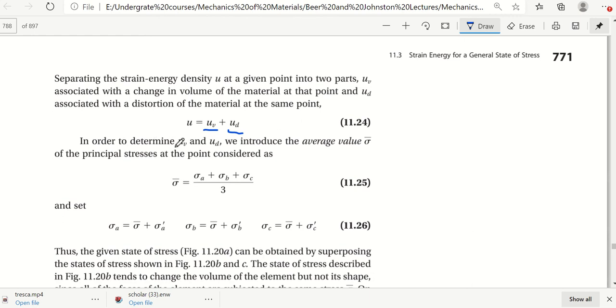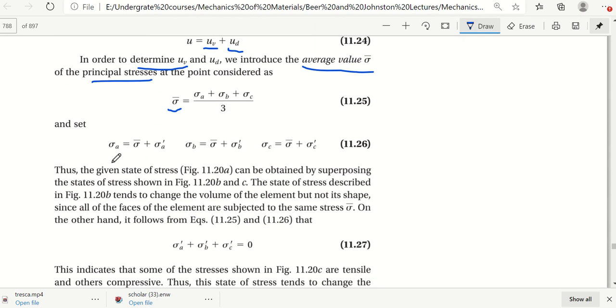So in order to determine how we will find out the UV and the UD, we will introduce the average value of the principal stresses at the point considered. This is the average stress, the principal stresses A, B, C over 3. And sigma A is equal to average stress plus sigma A prime, sigma B prime, and sigma C prime.